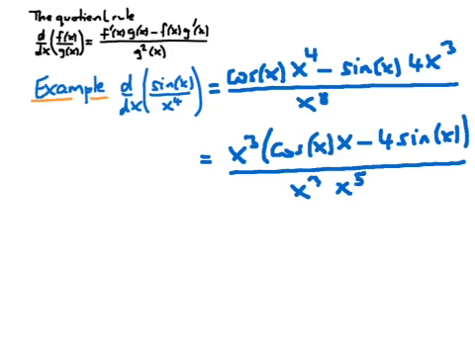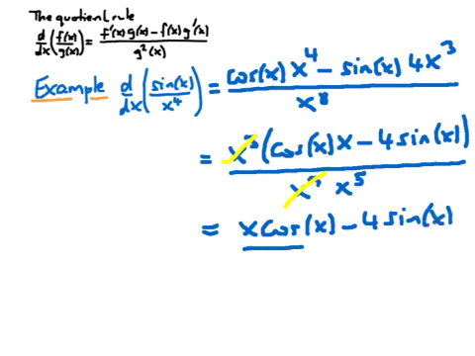And then, as we've said, these factors here will cancel. So therefore, what we get overall is, now the first term I'm going to write the x in front, so I have x times the cosine of x minus 4 times the sine of x, and all divided by x to the 5th.